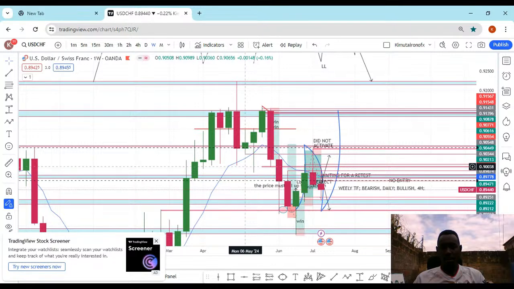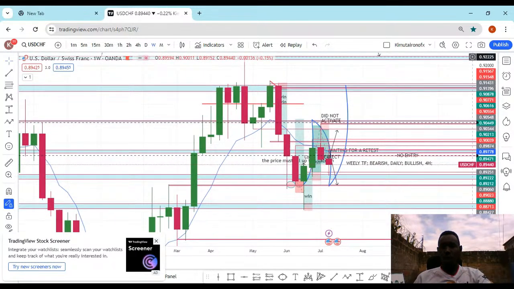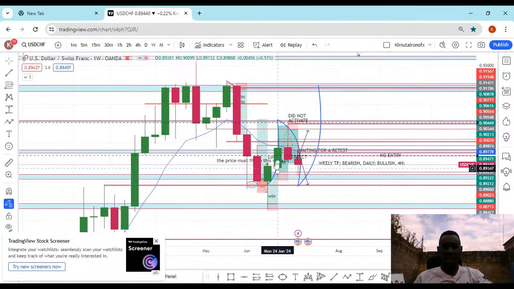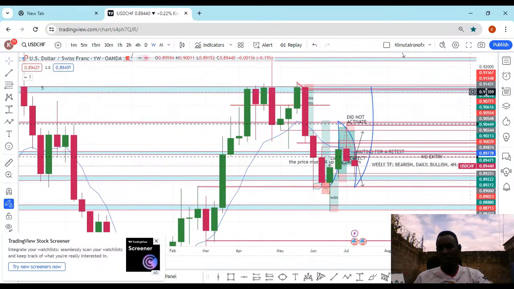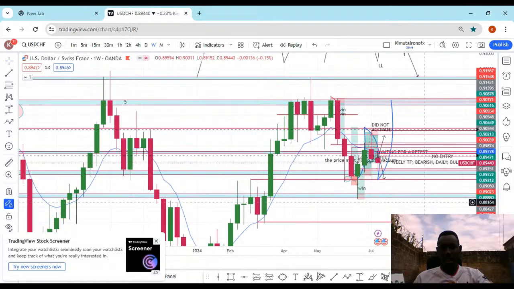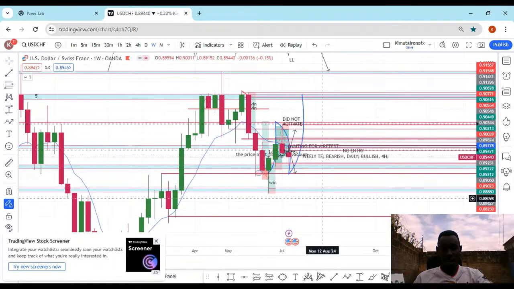So one thing that we are going to do is check on how we analyze this market. So I anticipated that this price will test this area from this point, and it will test it really well. And you know what? It gave us a 1 to 4, a quick 1 to 4. There's not much news, so it was just based on the supply and demand from the buyers and the sellers.